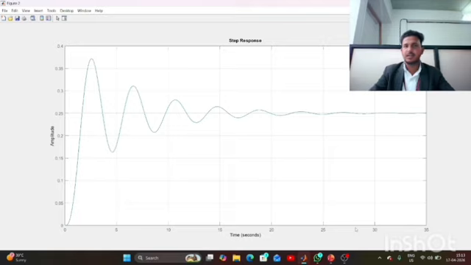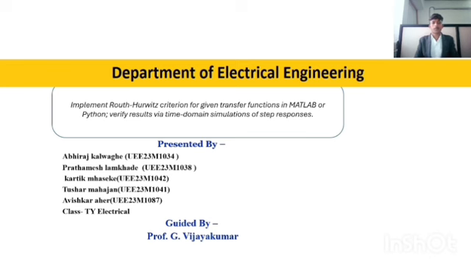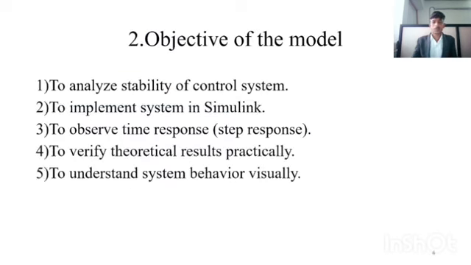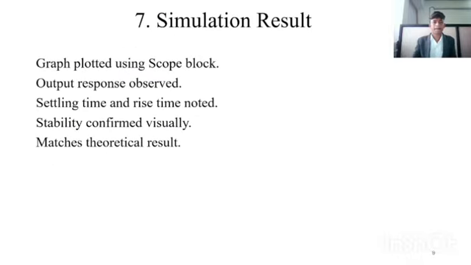Over time the oscillation reduces. This is called a damped response. The system reaches the steady state after around 25 to 30 seconds. All the poles are in the left half of the s-plane from Routh Hurwitz. The system is stable but underdamped.